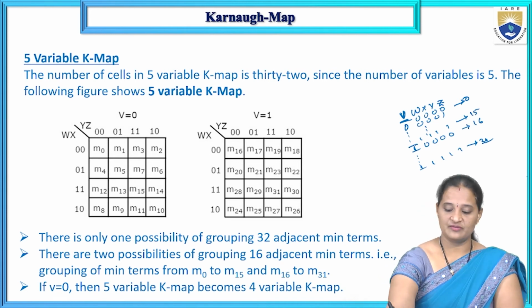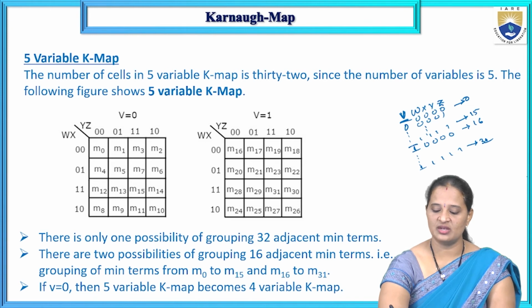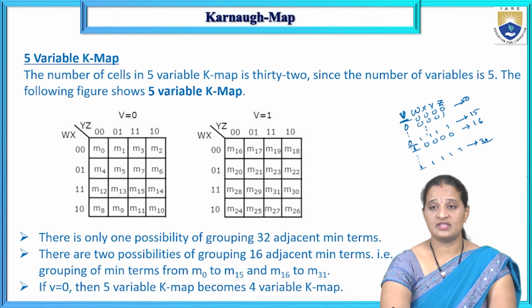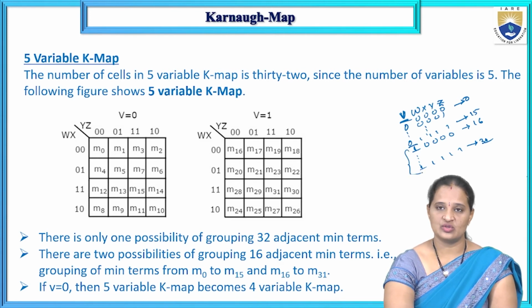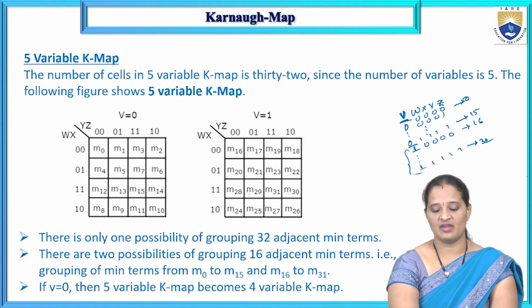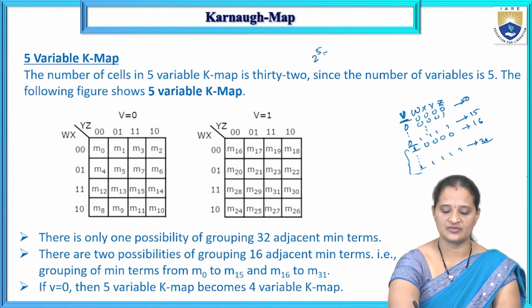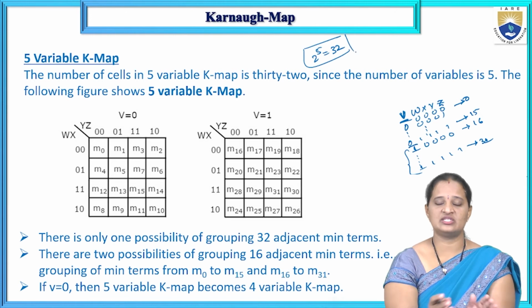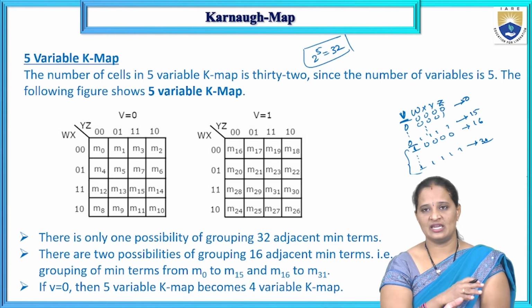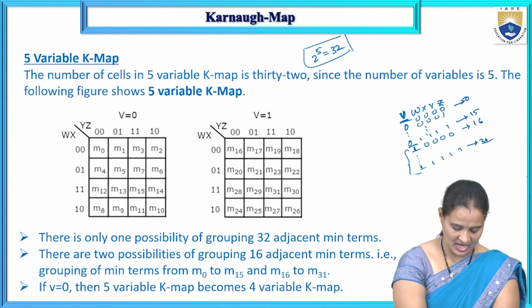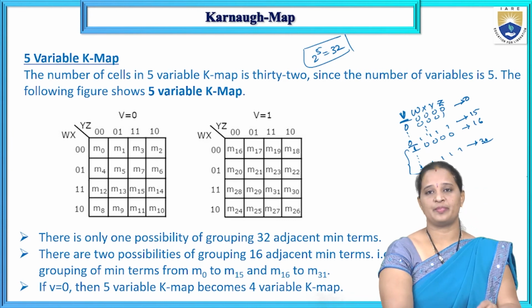So that means for the first 16 combinations, V value is 0. For the next 16 combinations, V value is 1. So in order to form a 5 variable K-map, in total how many combinations do we have? 32. I need to have 32 cells. Instead of taking 32 cells in a single K-map, I am taking two 4 variable K-maps.